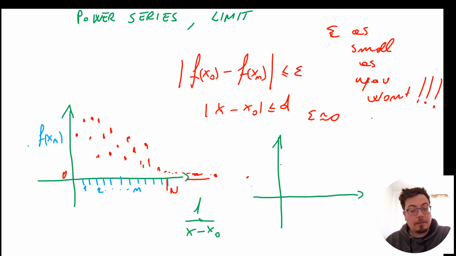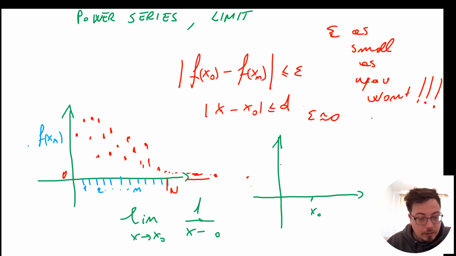Now we don't know what x0 is. I'm not going to do the plot, which by the way is easy to draw, so let's do it. What I want to say is what happens when you try to do the limit of this function when x goes to, let's put a number here, 2, to be precise, and that x0 is 2.